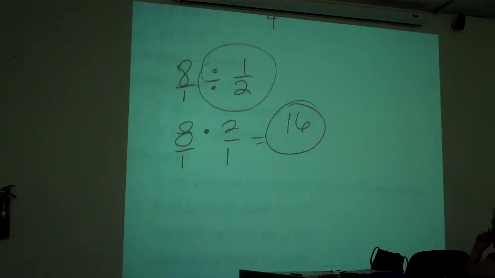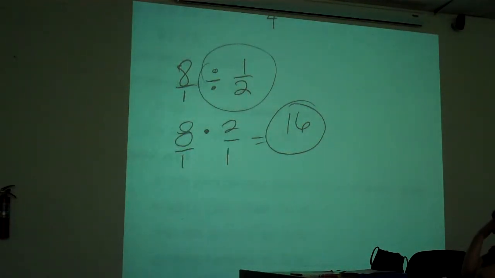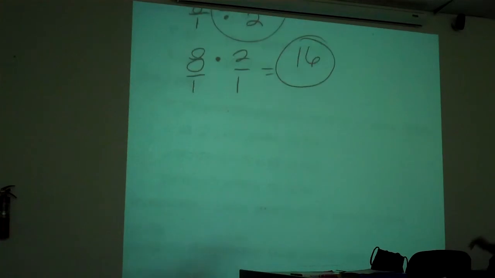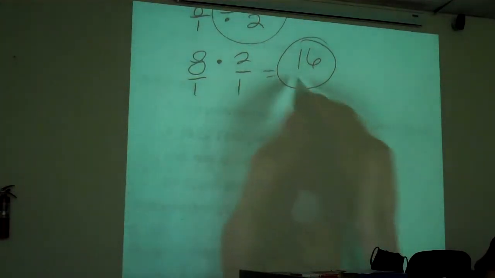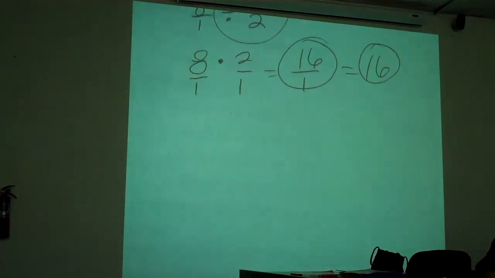If you had 8 pizzas and you divided them into halves, you'd have 16 halves of pizzas, right? So the answer would be 16 over 1, which is 16. If it's over 1, you could say over 1 equals 16, but you don't have to even write it over 1.